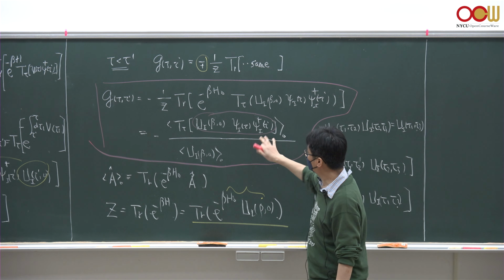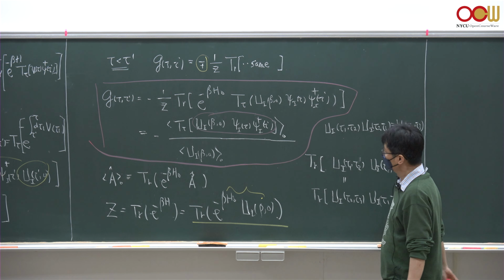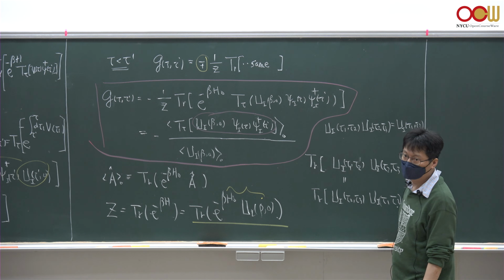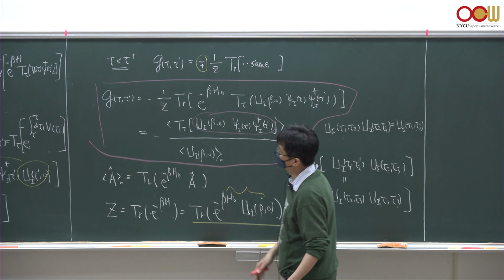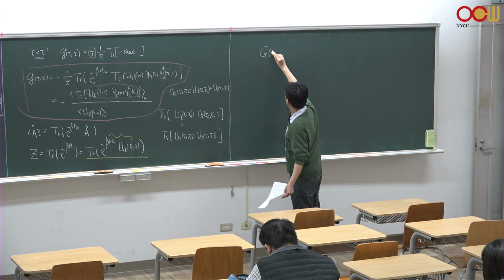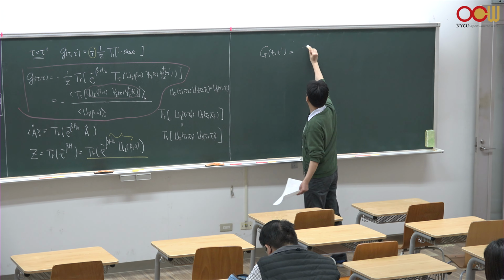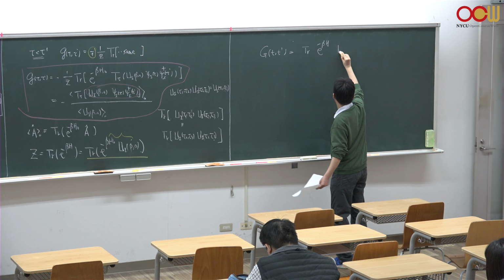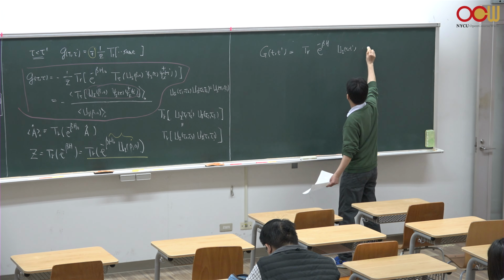Before introducing these imaginary time correlation functions, it is impossible to really calculate the Green's function, capital G(t, t prime), which has this U(t, t prime), and so on and so forth.